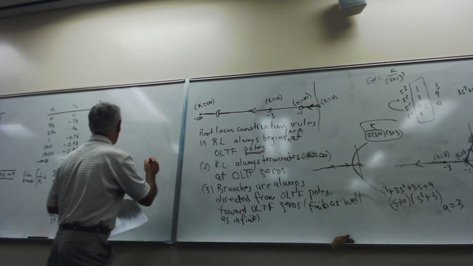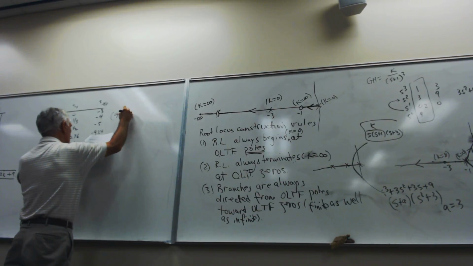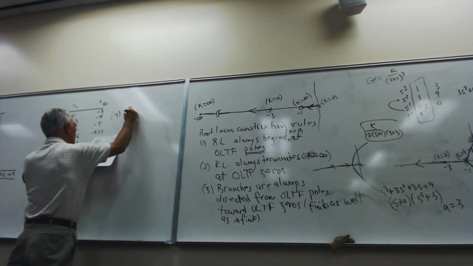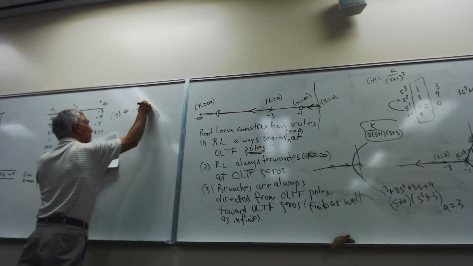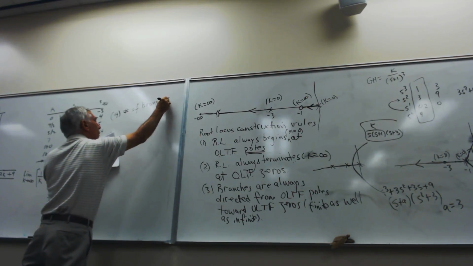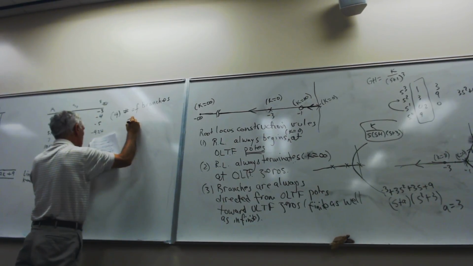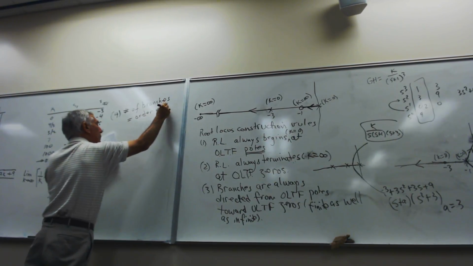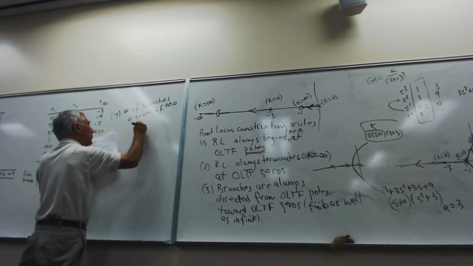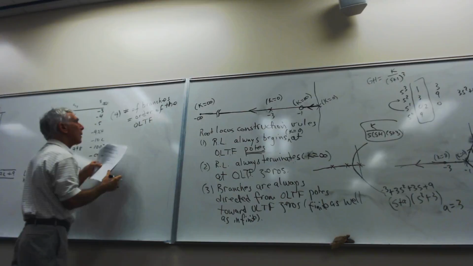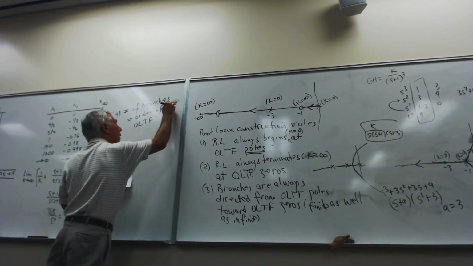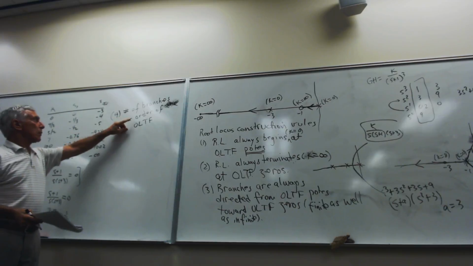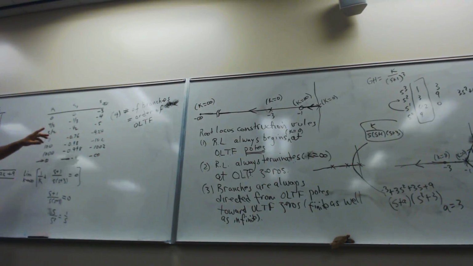And the last one, number 4, the number of branches is equal to the order of the open loop transfer function. In this particular example, the order is 2.